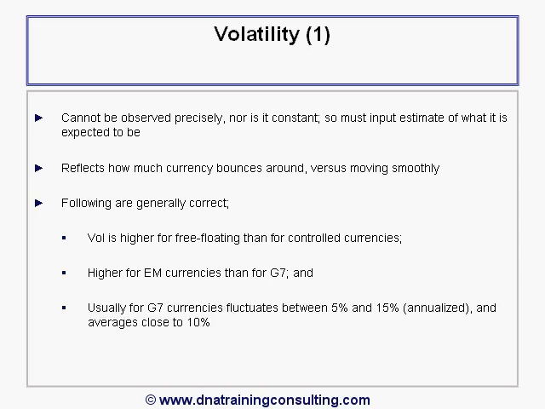And 3. It usually fluctuates between an annualized rate of 5% to 15%, for G7 currencies at least, and averages over the long term something close to 10%, a number we will use as our usual input in this module.